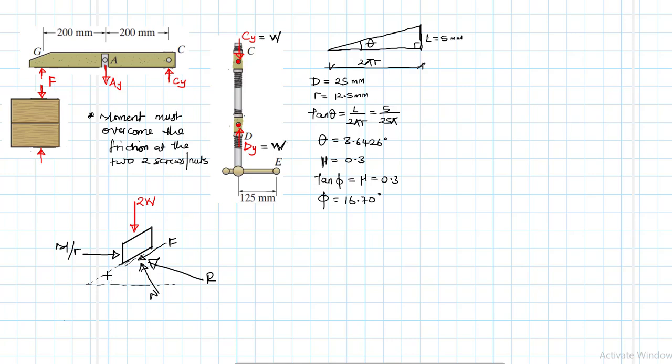All right, let's fill in our information. This one is our lead angle, and this one here is our phi. Then there is also this angle here, which is also equal to phi.